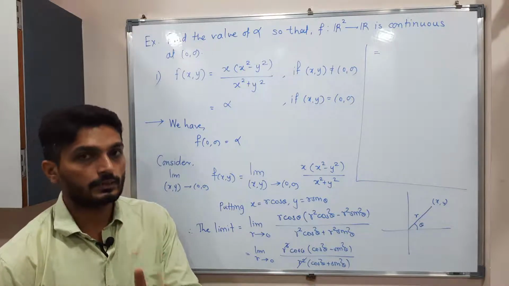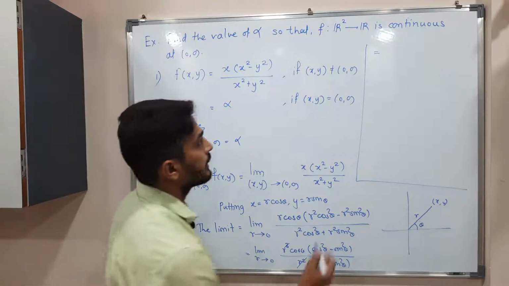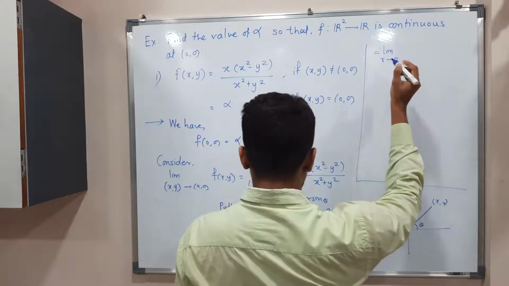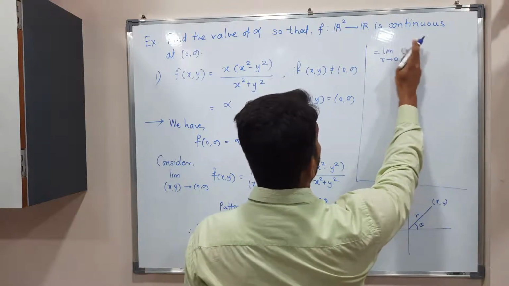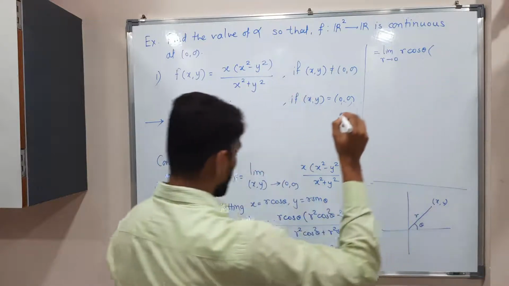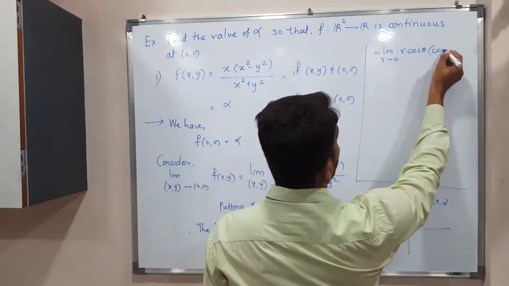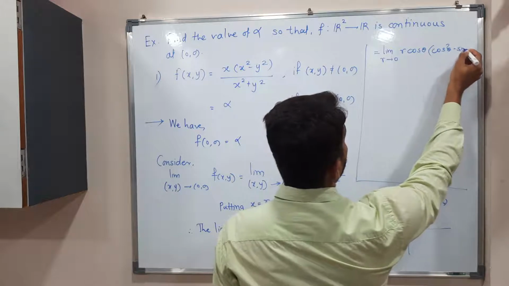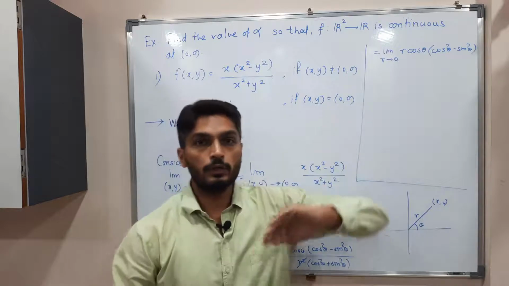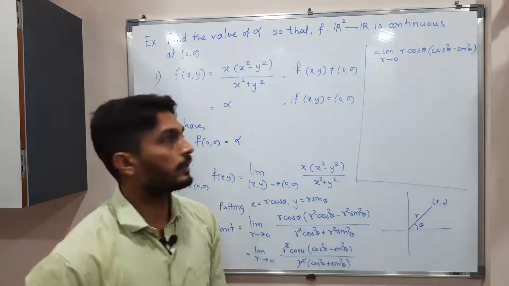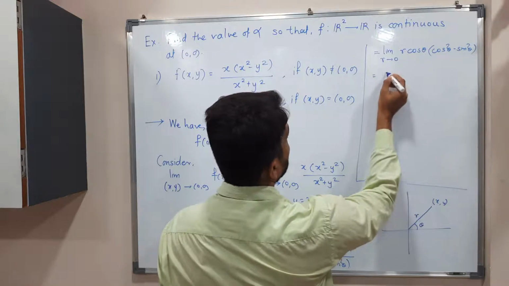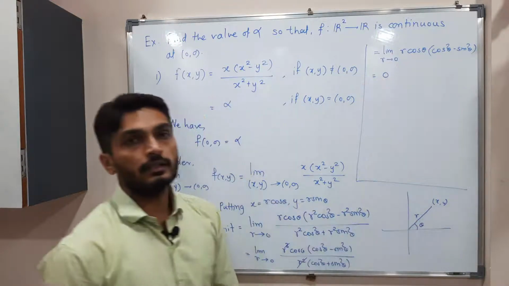So I can write the limit as r tends to 0 of r cos theta times, in bracket, cos square theta minus sin square theta. If I put r equal to 0 here, 0 into anything is 0, correct? The terms of theta are independent of r, but one r is there, so because of that we are getting 0.